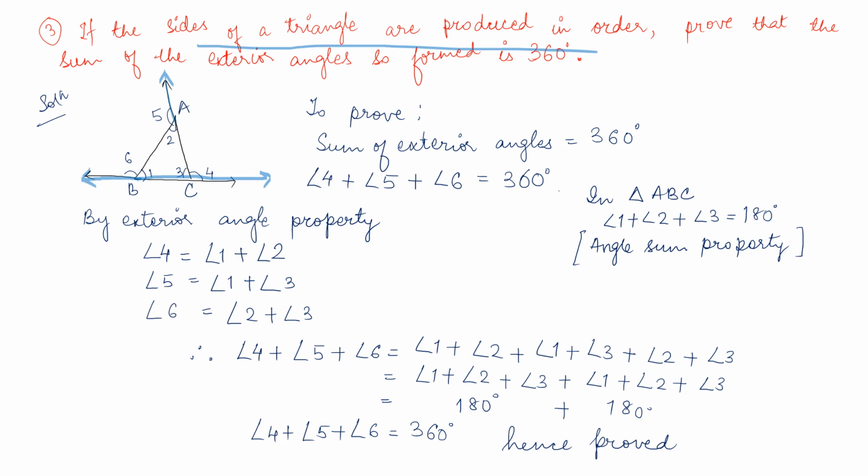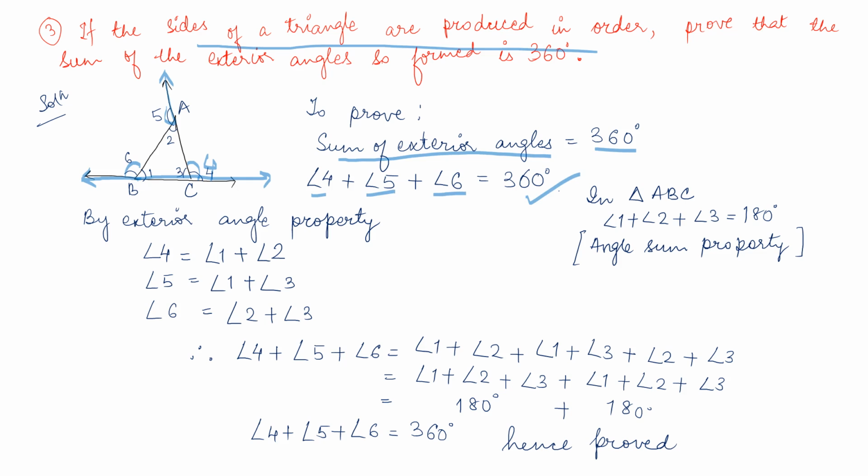Now you have to prove that the sum of exterior angles is 360 degrees. How will you prove? If I say this exterior angle is 4, this exterior angle is 5, and this exterior angle is 6, that's what I have written here. So you have to prove angle 4 plus angle 5 plus angle 6 is 360 degrees.